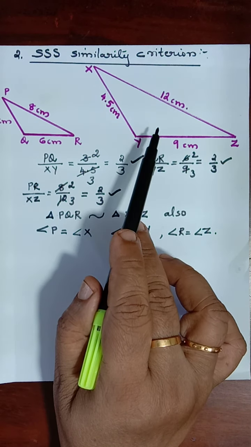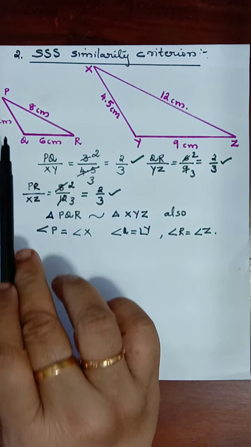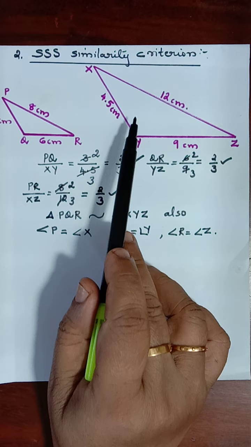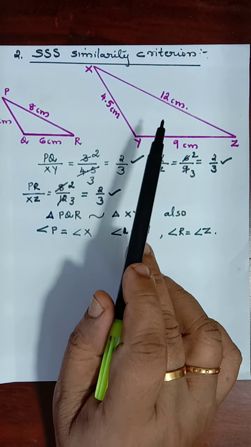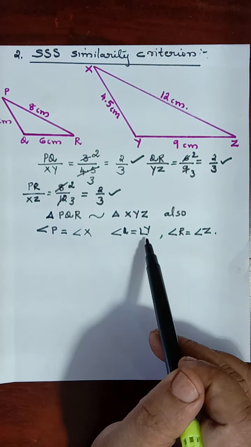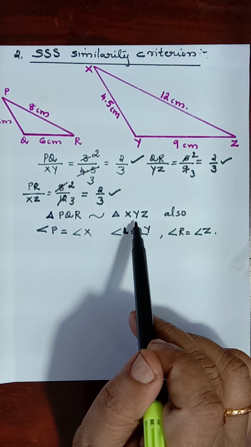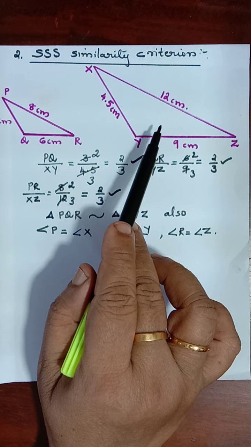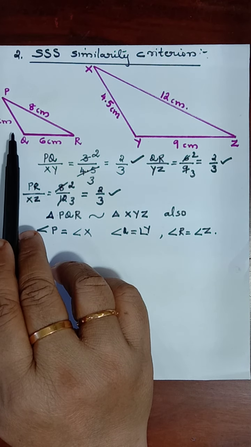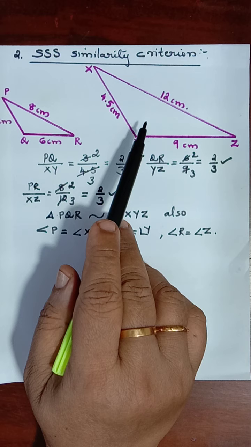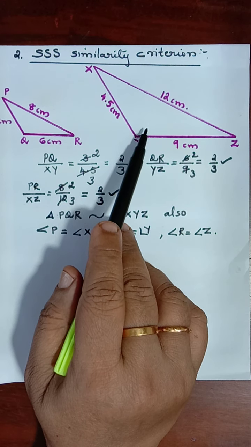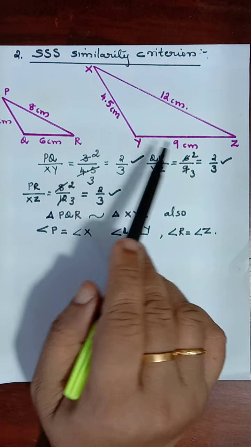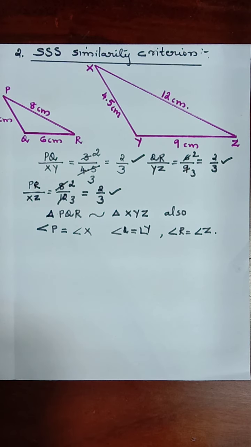If in two triangles, sides of one triangle are proportional to sides of the other triangle, then their corresponding angles are equal and hence the two triangles are similar.